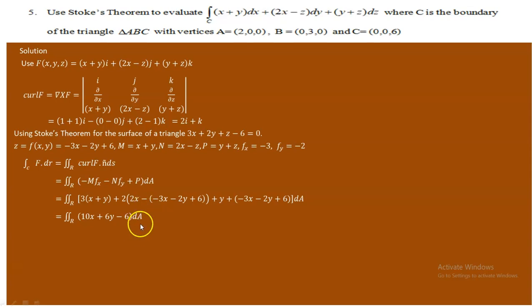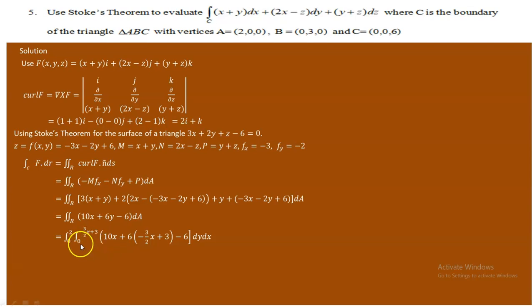But now your dA is dy times dx. But in place of y, we can take y to be this expression, as you see. And this is obtained basically making z 0, because you are on the xy plane. If z is 0 and solve for y, you will come across with this. And then you're having y range from 0 to this one.